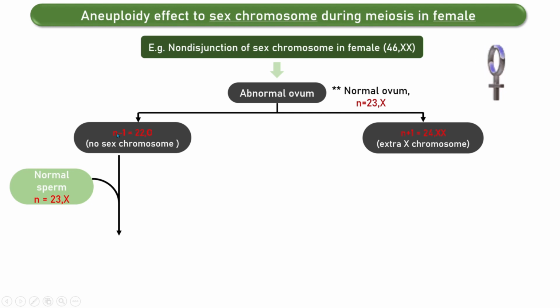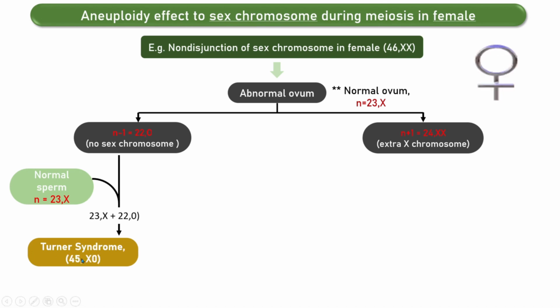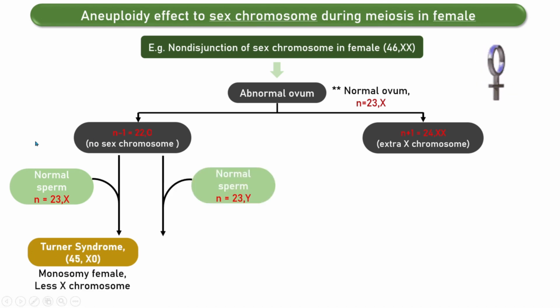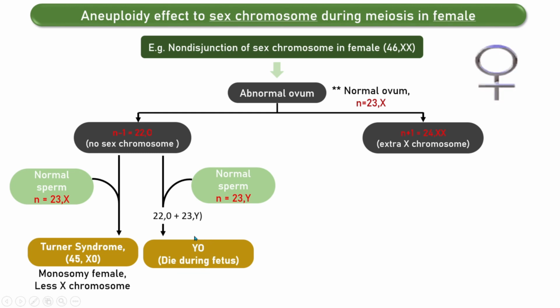If N-1 ovum with no sex chromosome is fertilized by normal sperm with X chromosome, it will produce a Turner syndrome individual. If N-1 ovum with no sex chromosomes is fertilized by normal sperm with Y chromosome, it will produce a zygote with Y-O sex chromosome, where this zygote will die during fetus stage.